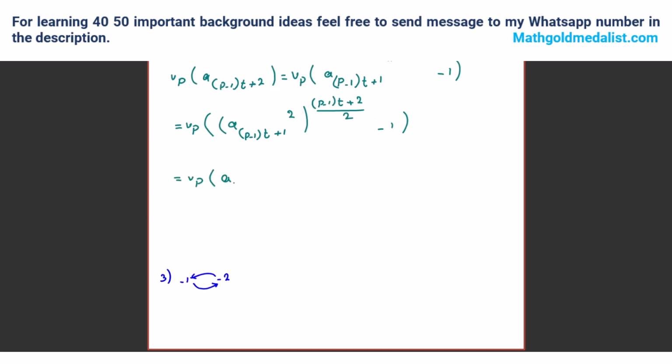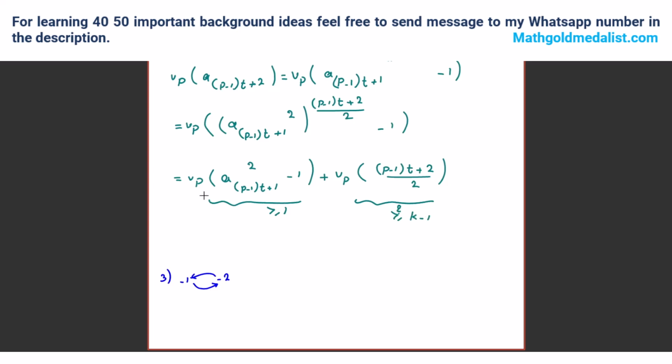It will be a at P minus 1 T. Let me write. P minus 1 T plus 1 whole squared, and minus 1, plus Vp of this one, P minus 1 T plus 2 over 2. Okay, so we know this one is at least 1. We should prove why this one can be at least k minus 1.